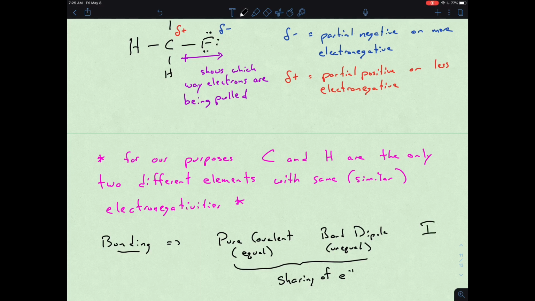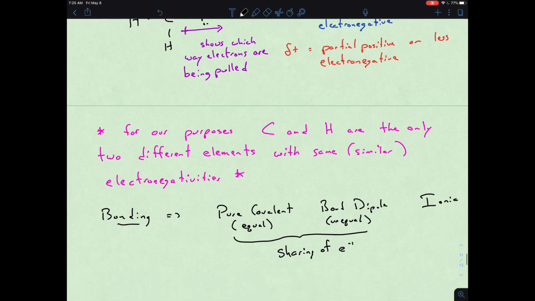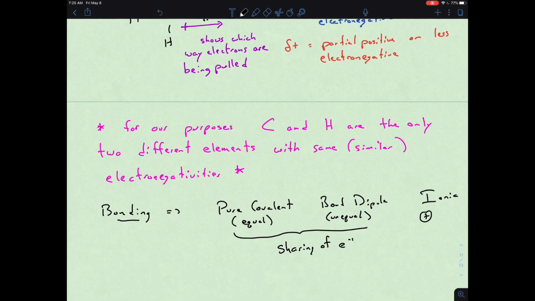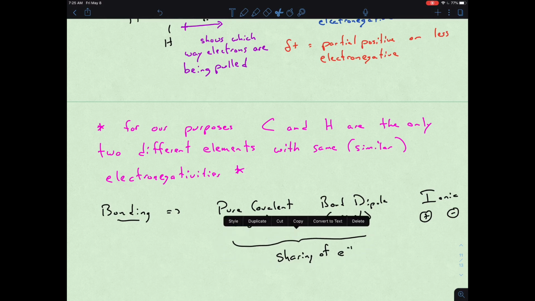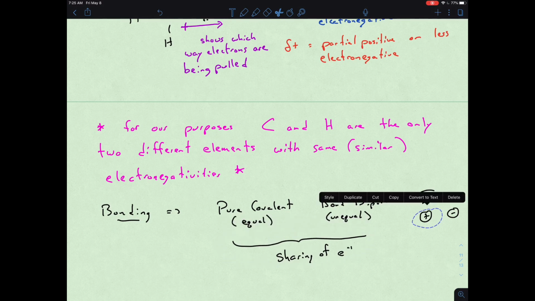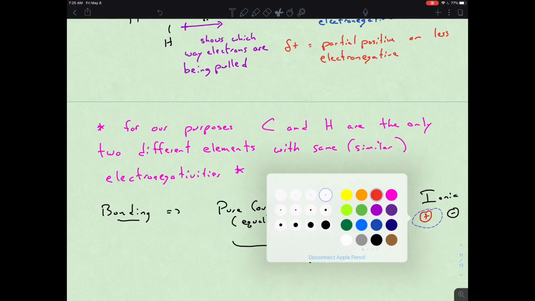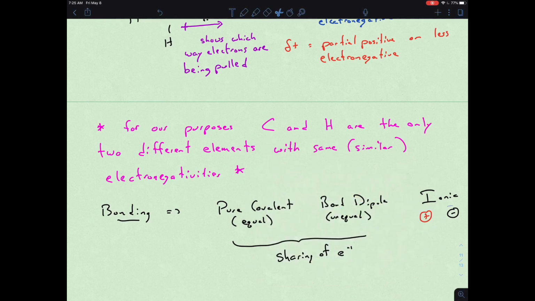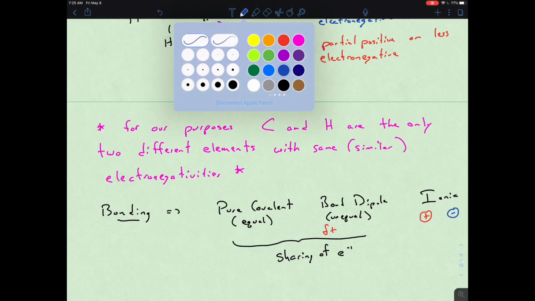And then we have ionic, which is now fully charged plus and fully charged minus. So all these are talking about really the same thing, in that we're talking about bonding. It's really just a question of how different the electronegativities are, in terms of what type of bonding system we would create.